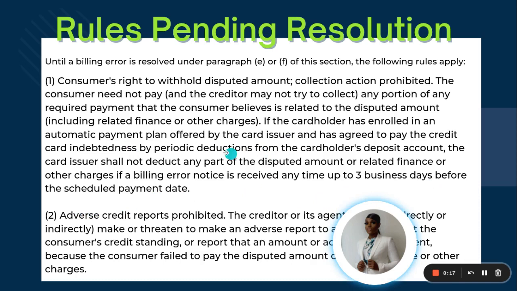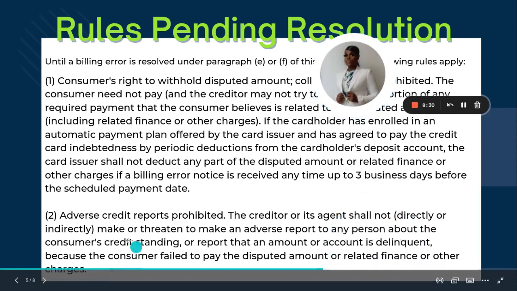So this is just letting them know, if you are on automatic payments or deductions, that if they receive your notice 3 days prior, they can't deduct that payment. They're not supposed to deduct that payment. That's what that is telling you.